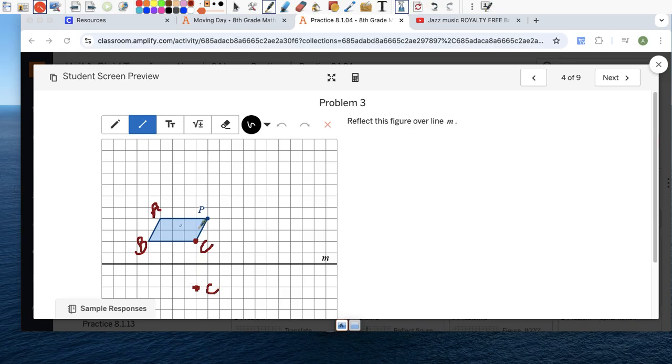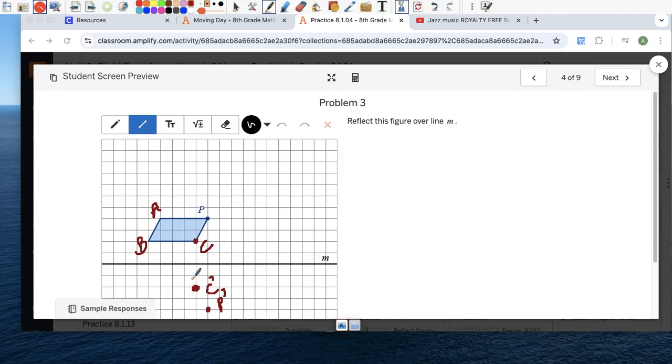Right, so pretend there are 4 people here, and they're on one side of the mirror. Well, Carlos, over here, would be the closest one. Peter, who is all the way in the back, would also be in the back. I forgot the prime. So Peter prime, his image on the other side of the mirror, would also be 4 units away from the mirror.